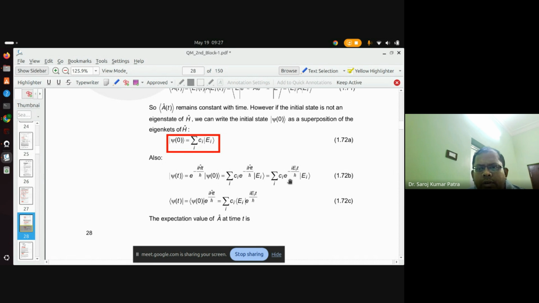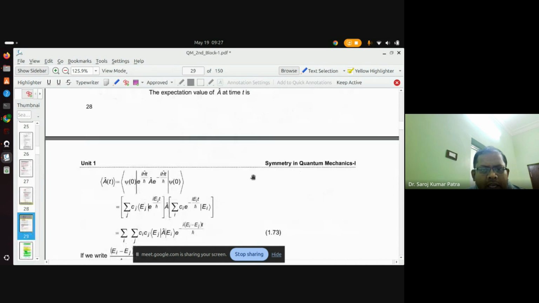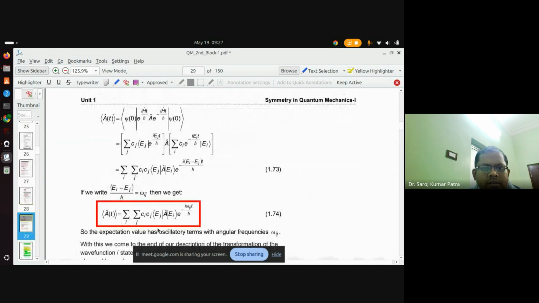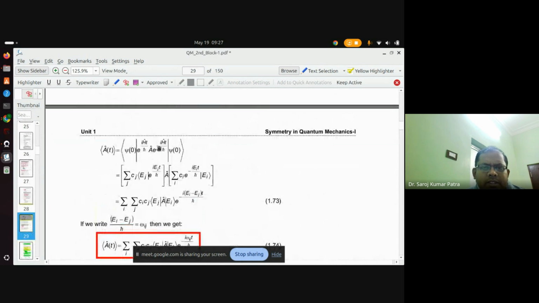So what exactly you are getting is ci e to the power minus iEt by h cross. So the expectation value of A at any time t, as you can see, is simple mathematics. There is nothing more. The only thing is, instead of psi 0, we are now writing ci and cj, just to separate it.